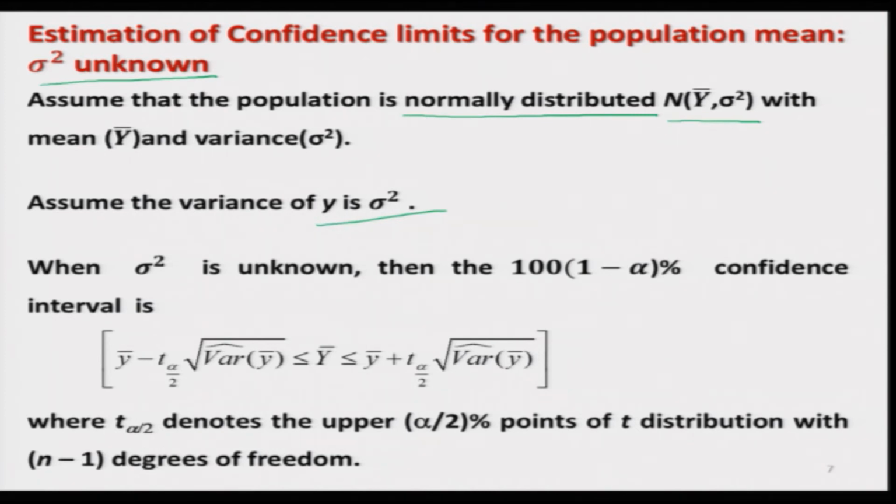And when I am making this assumption here that the variance of every unit is sigma square, that also reflects the same discussion which we had earlier, where I indicated how you are going to choose whether you have to use simple random sampling or another type of sampling.